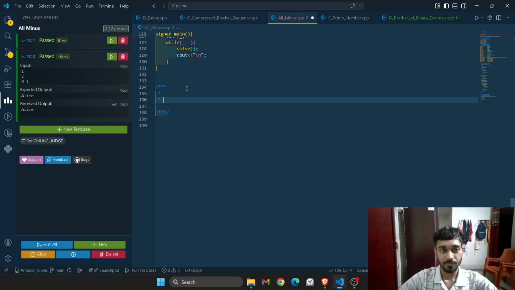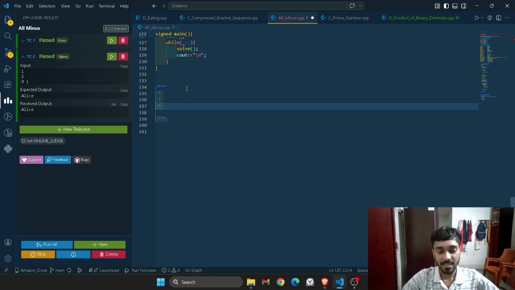So let's assume initially there are five integers written on the blackboard, and these are those five. So these are the five integers written on the board. I hope you all can see it well.